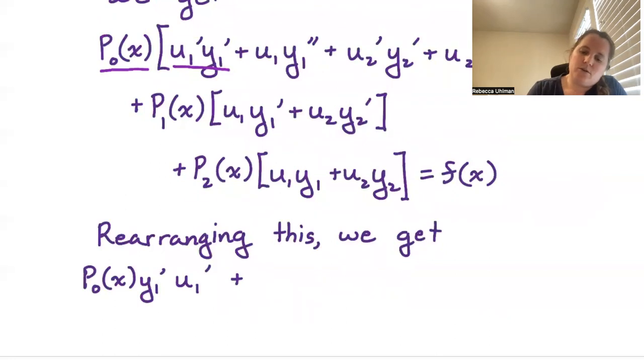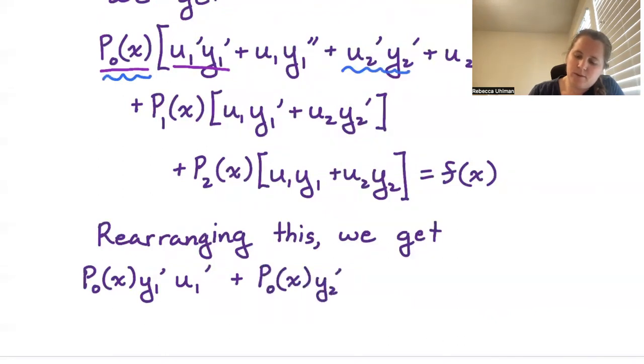If we look for a u2 prime term, there's just one of those as well: P0 of x times y2 prime times u2 prime.